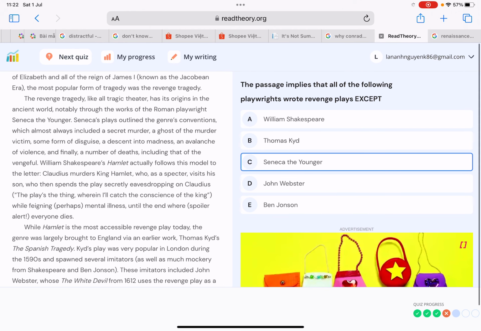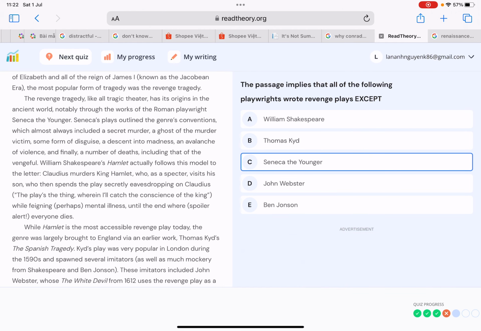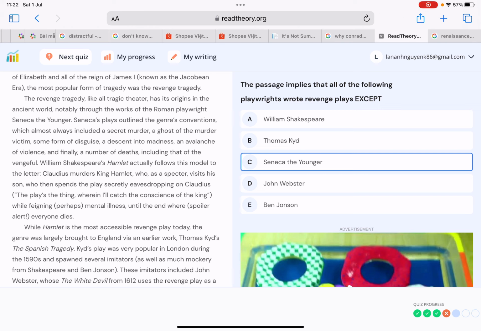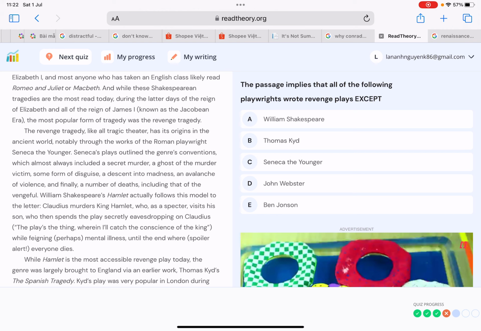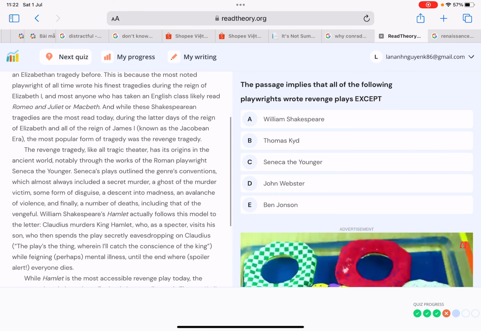The passage implies that all the following playwrights wrote revenge plays except William Shakespeare. Yeah, one of his famous plays, like the previous one, we've just dived deeper. What is the name of it? I forgot. Hamlet. Yeah, Hamlet. Thomas Kyd.